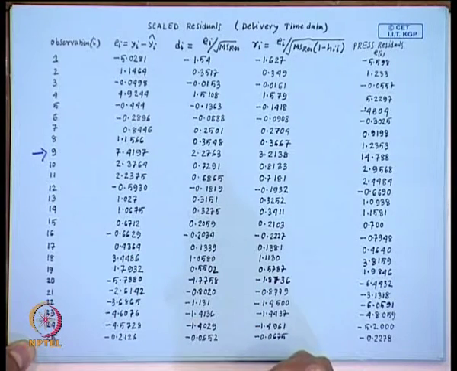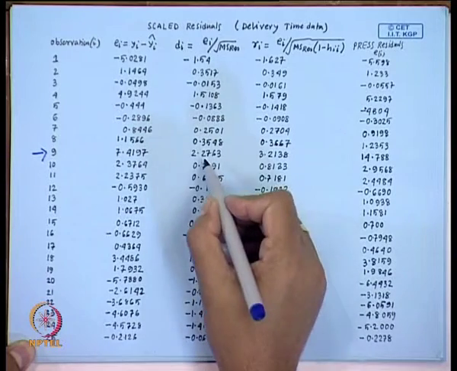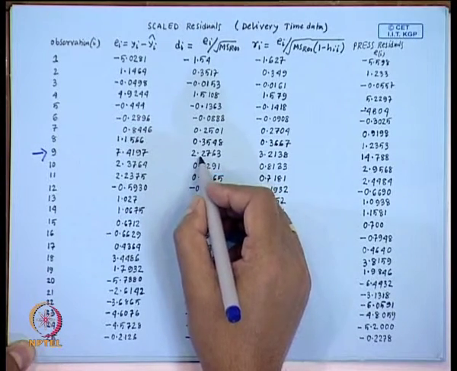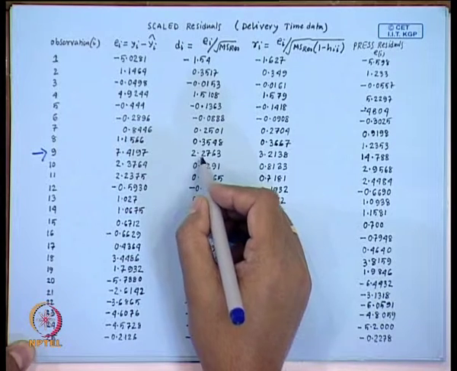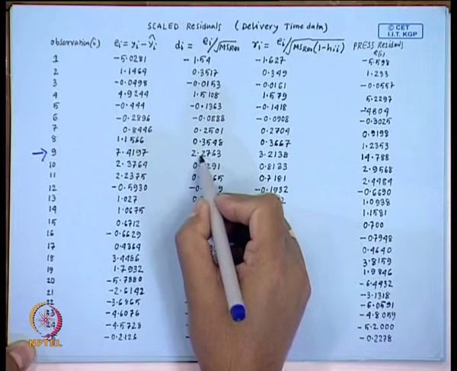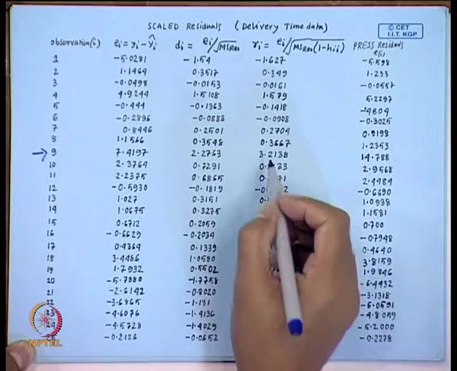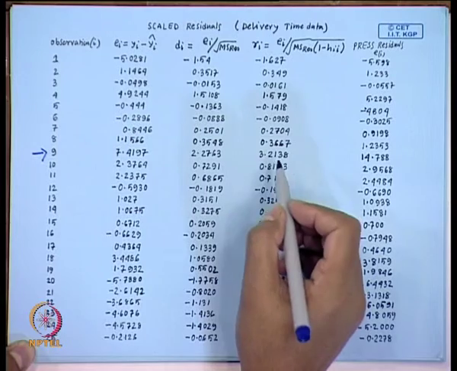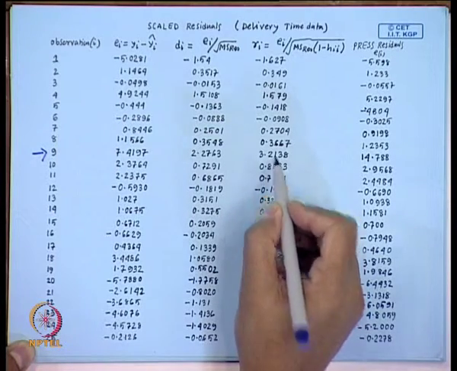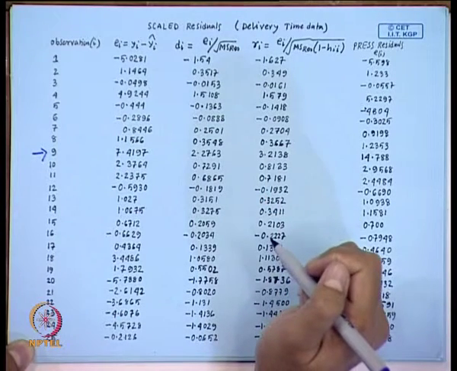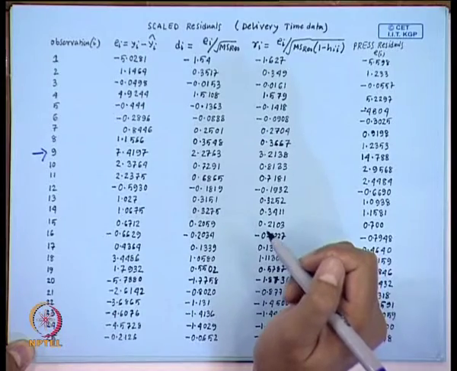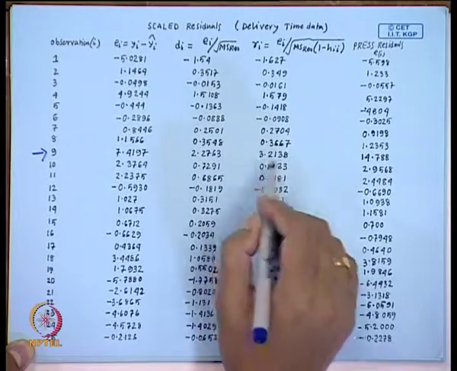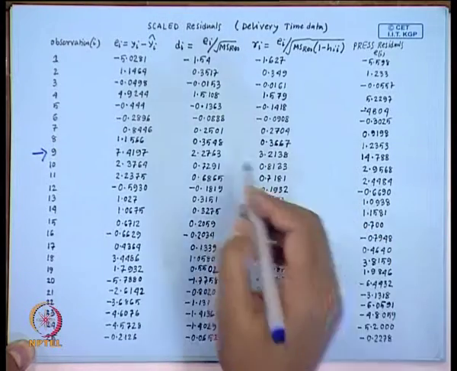And also let me check the value of the standardized residual for the ninth observation, that is 2.27, and the value of the studentized residual for the ninth observation is 3.21. Okay.